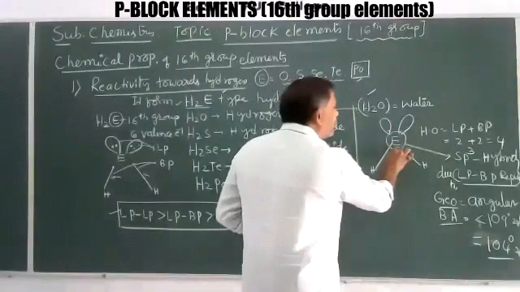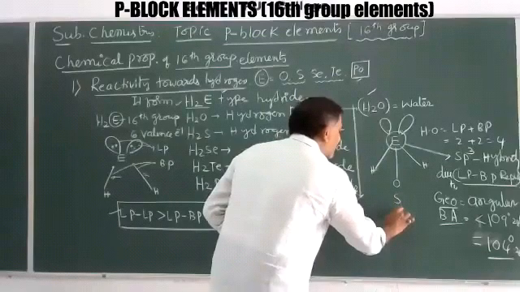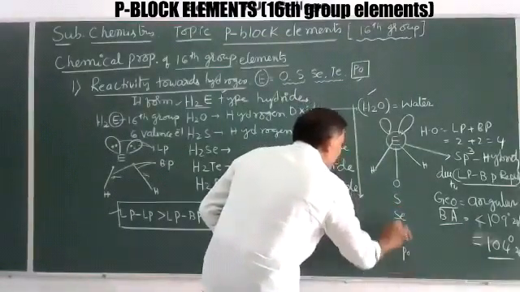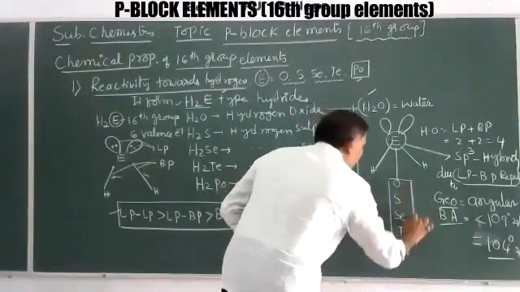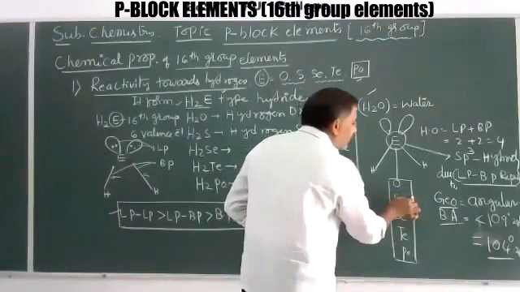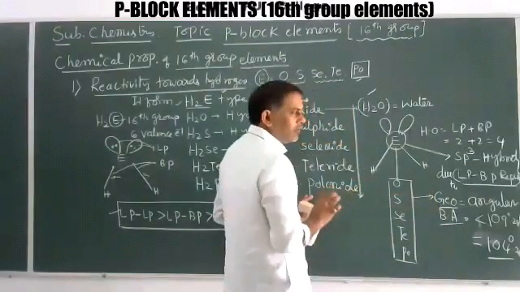Depending upon whether the element is oxygen, sulfur, selenium, tellurium or polonium, the bond angle changes. The geometry is the same for all, angular only.